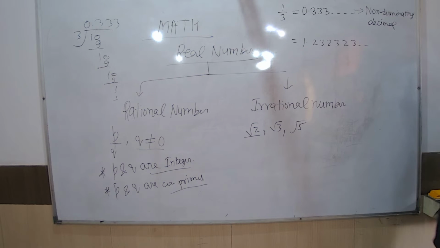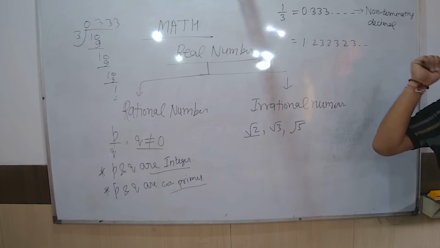Okay, let's say I'm getting value as 1.232323, this is also non-terminating decimals, okay.